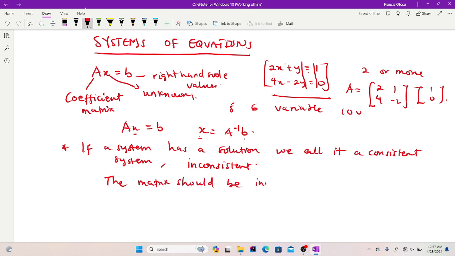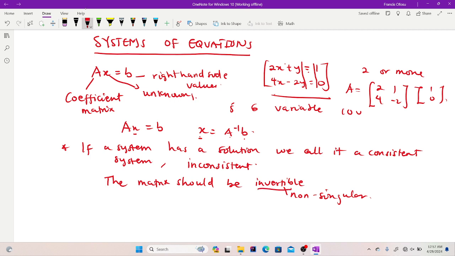When you say invertible, it means that it has a determinant which is not 0, that is, it's non-singular. This is the definition for invertible. So any system of equations whose coefficient matrix is invertible is a consistent system.